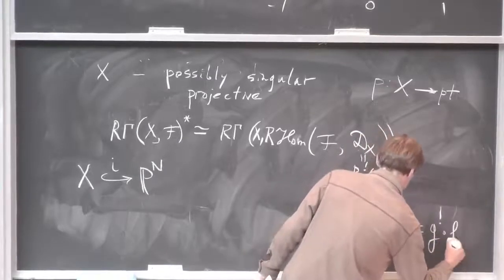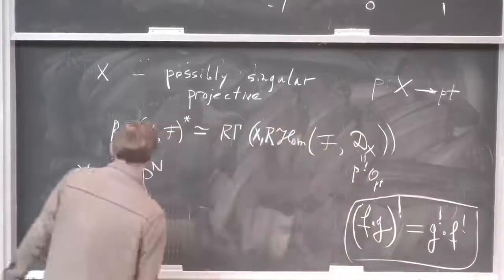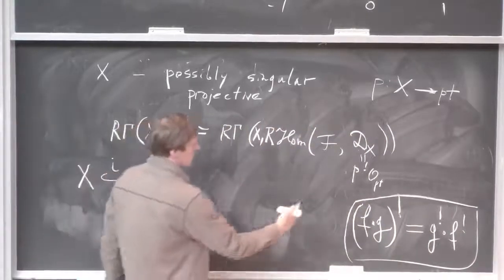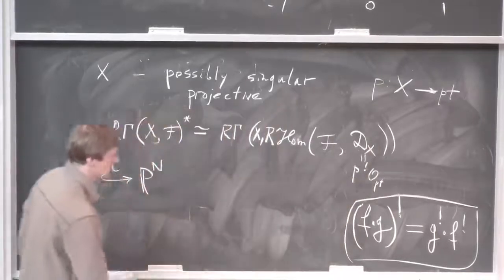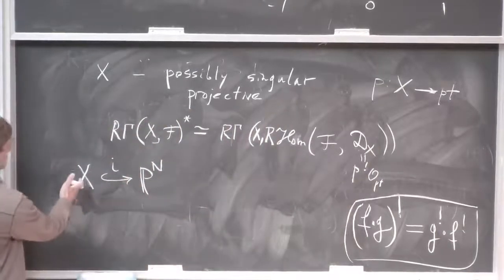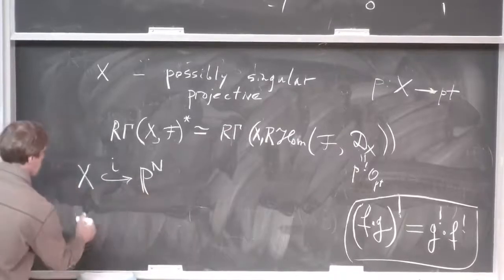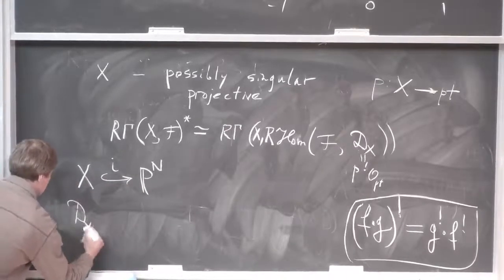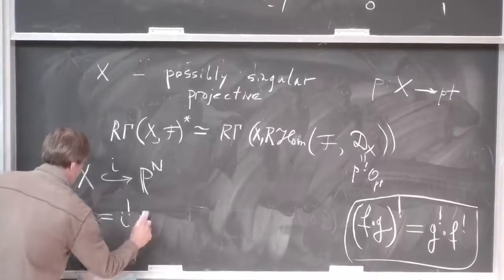Therefore, one immediately sees that if you have a morphism and apply upper shriek to the dualizing sheaf, you get a dualizing sheaf upstairs. So I can apply this to this morphism, and we see that the dualizing sheaf of X is actually i upper shriek of the dualizing sheaf on P^n.